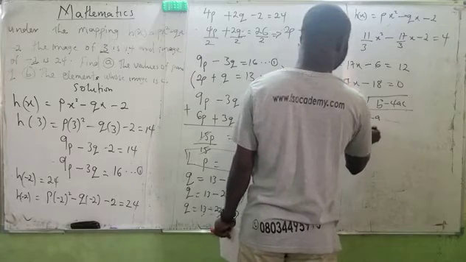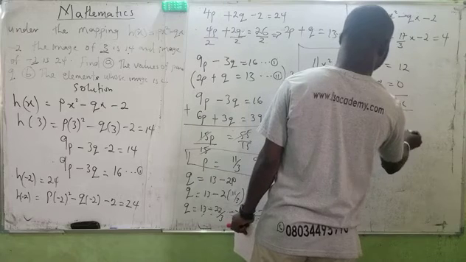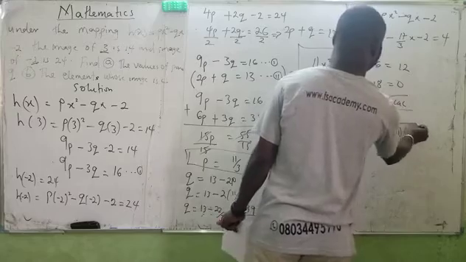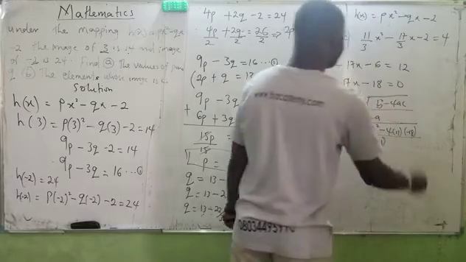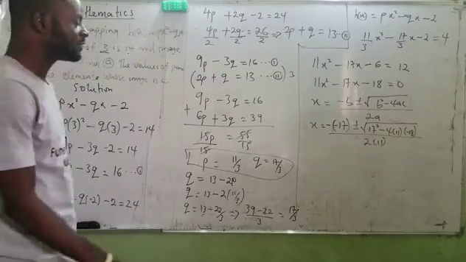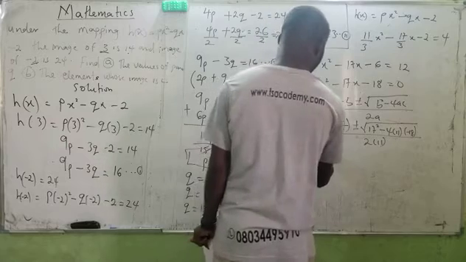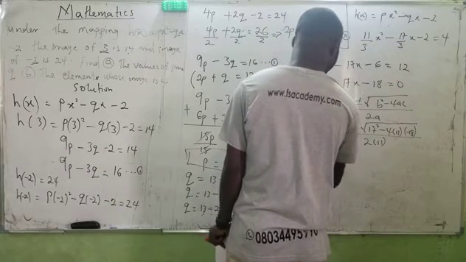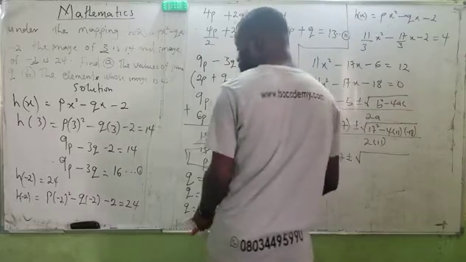Plus or minus root of 17 squared minus 4 bracket of 11 bracket of minus 18, divided by 2 multiplied by 11. So doing this, I'll be having 17 plus or minus root of 17 squared.